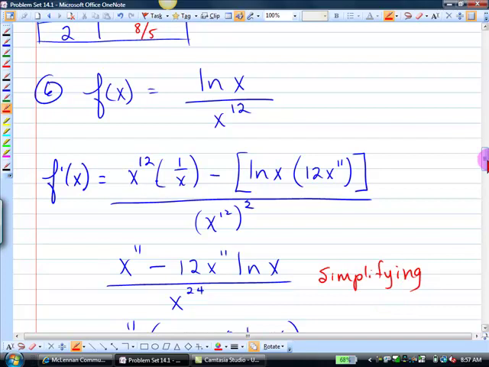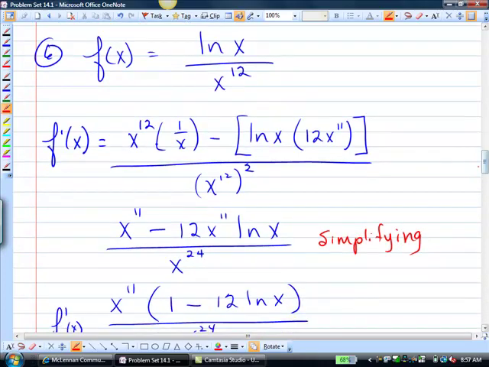All right. On the top, I factored out x to the 11th, which left, if you take it out of this one, it leaves 1. You take it out of this one, it leaves 12 ln x. So factor out x to the 11th.